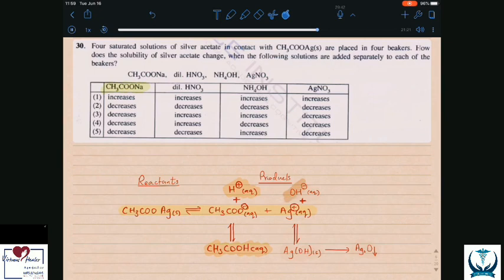Addition of ammonium hydroxide will remove the Ag+ ion from the solution by forming silver hydroxide, which then will precipitate as silver oxide. Therefore, this will increase the solubility. Addition of AgNO3 will directly increase the concentration of Ag+ and therefore drive the equilibrium backwards, therefore reducing solubility.